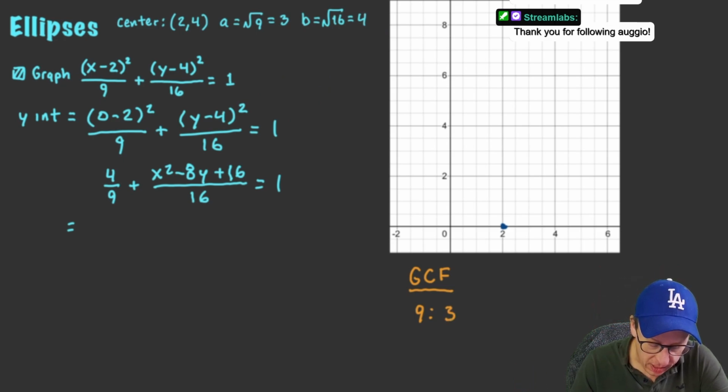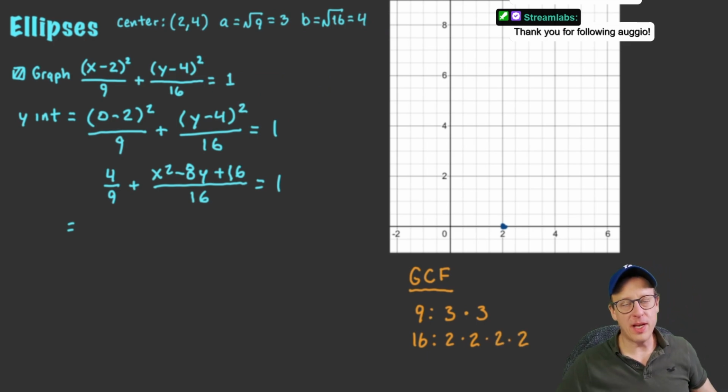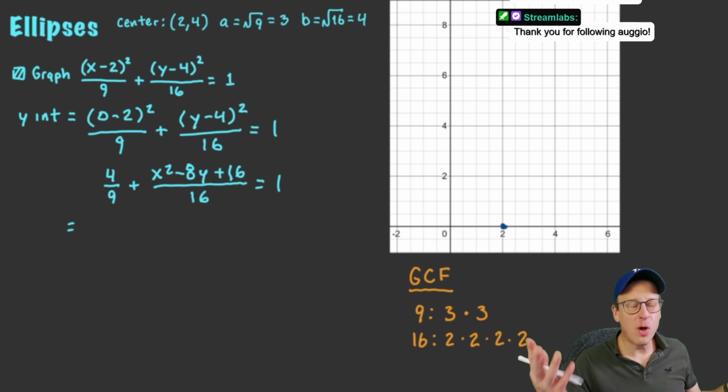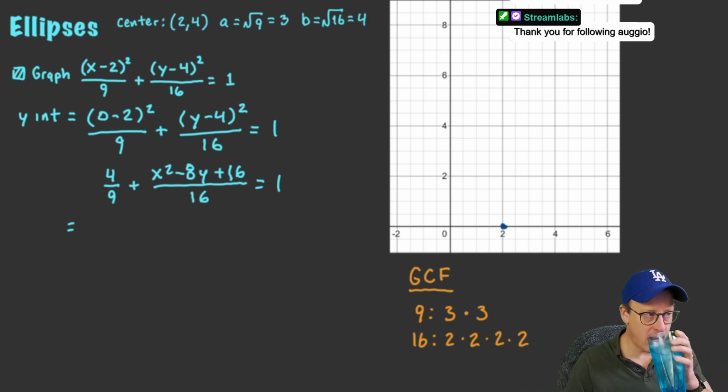So 3 times 3 gives 9. And then with 16, we have to break it down into nothing but prime values. So again, you get 2 times 2 times 2 times 2, 2 multiplied by itself 4 times.